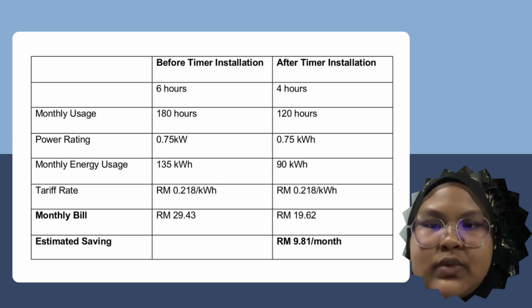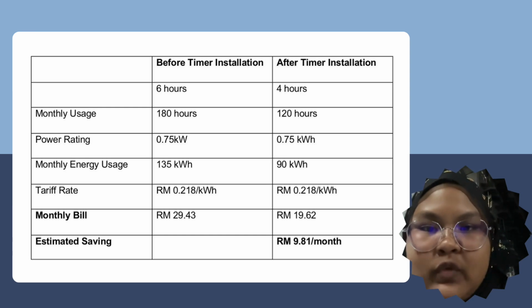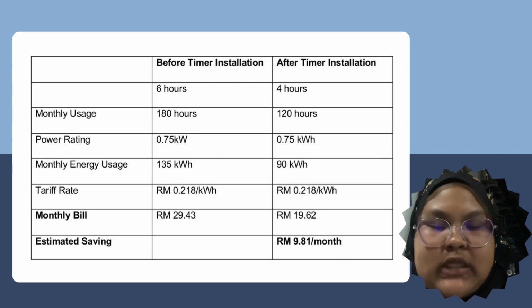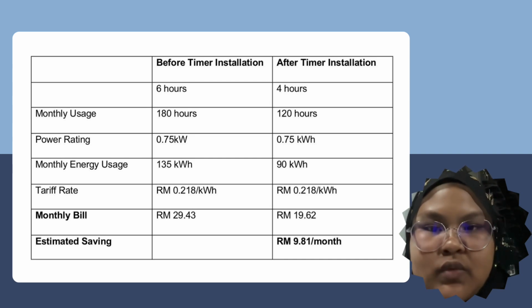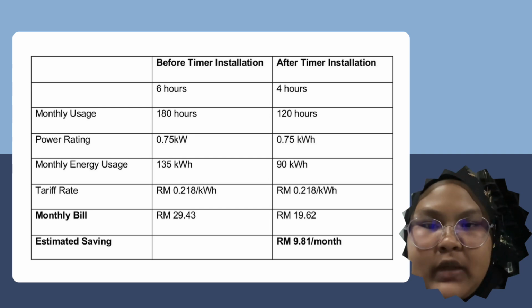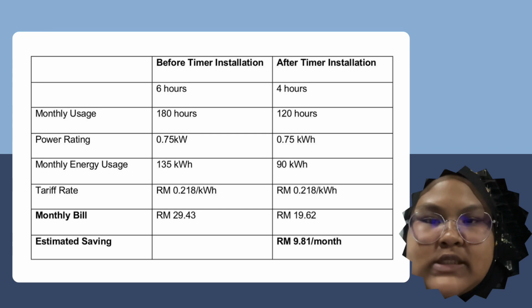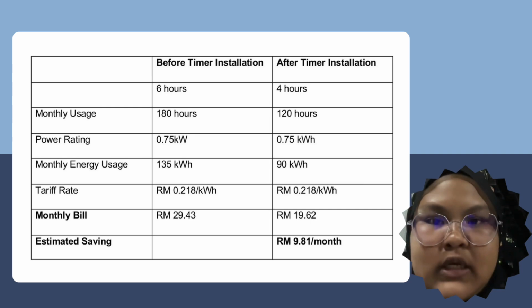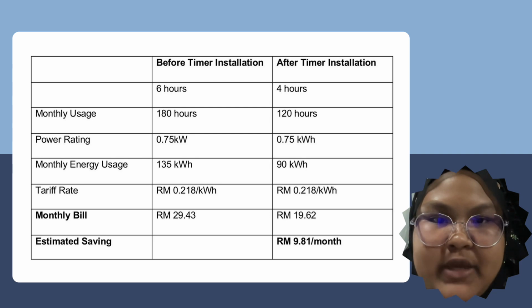The energy use is 135 kilowatt hours before, and after it is 90 kilowatt hours. For the monthly bill, we pay RM 29 and 43 cents before the timer, and after we apply the timer, the monthly bill is RM 19 and 62 cents. So we save about RM 9 and 81 cents per month. In addition to saving money, this also extends the distiller's lifespan and improves safety.